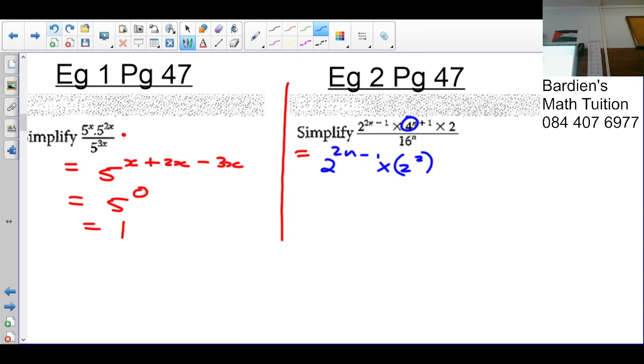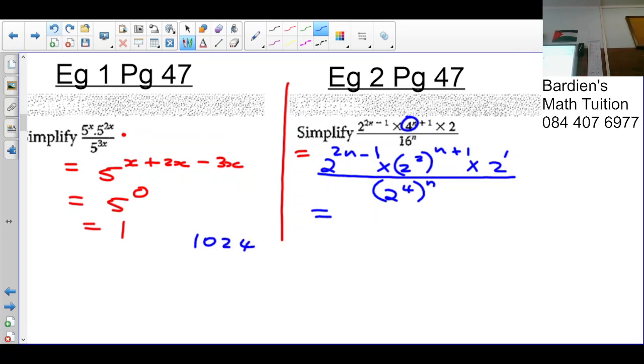It's 2n minus 1. And it will be n plus 1 times 2. If there's no exponent here, what exponent is on this 2? Over. 16 can be written as what? 2 to the 4. What is 1 over 2 to the 4? Can be written as what?